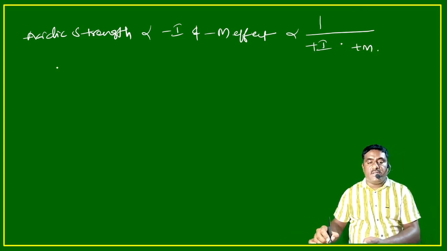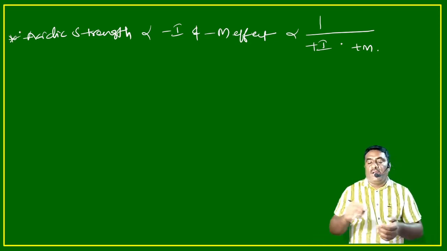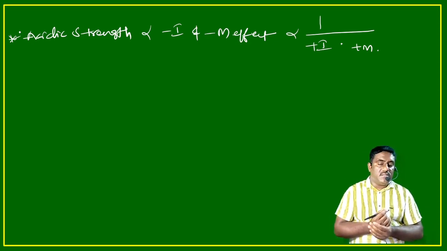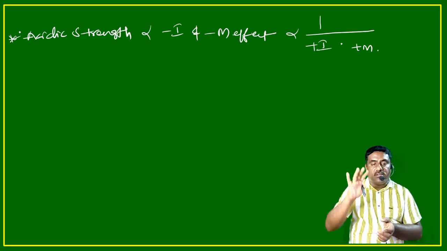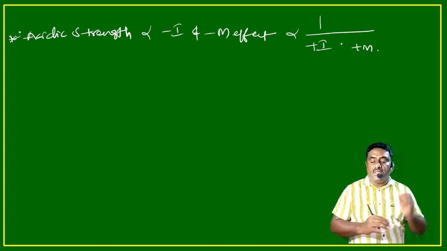As the negative inductive effect increases, acidic strength increases. As the negative mesomeric effect increases, acidic strength increases. As the positive inductive effect increases, acidic strength decreases. As the positive mesomeric effect increases, acidic strength decreases.